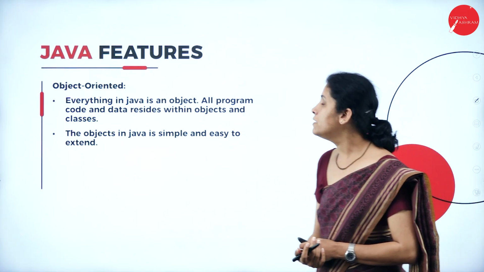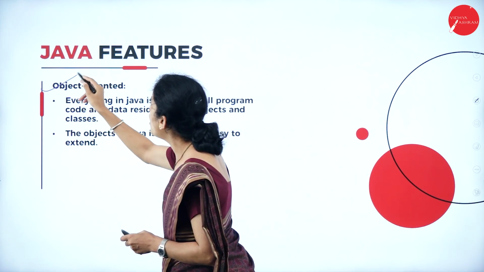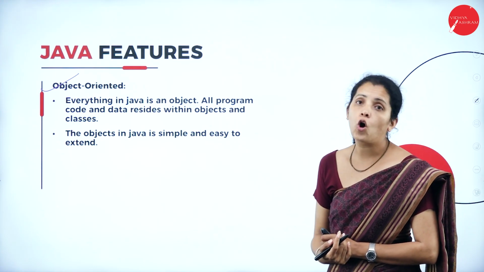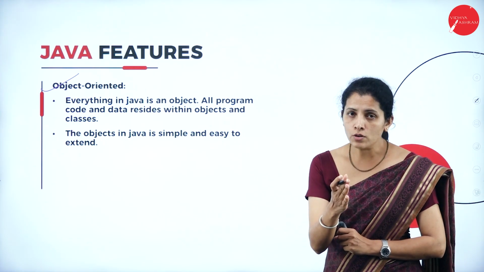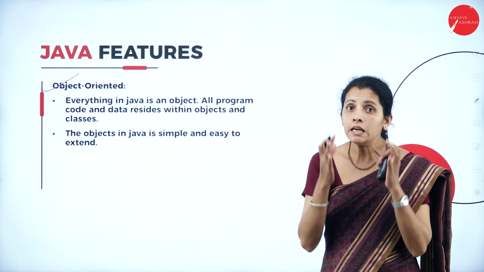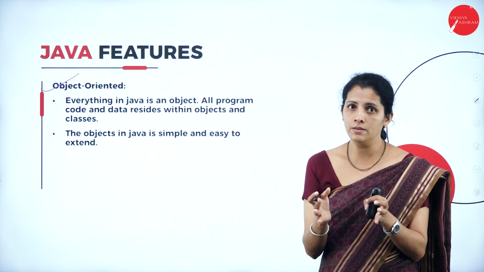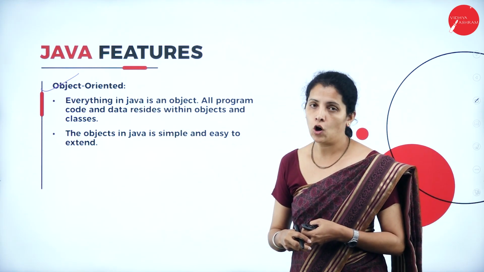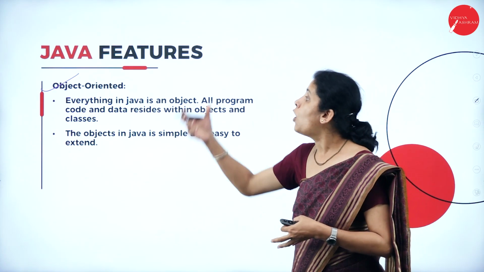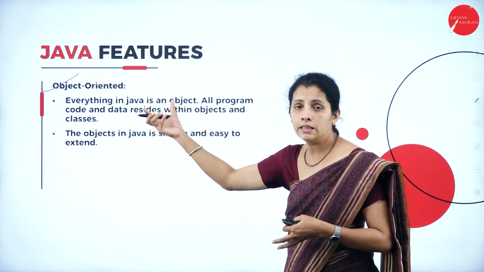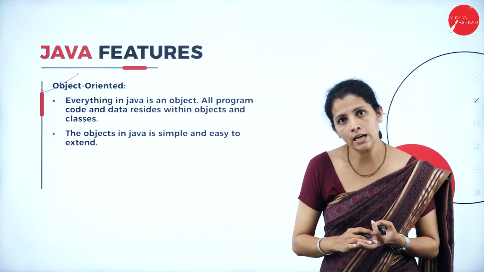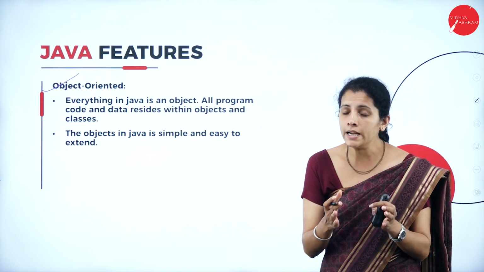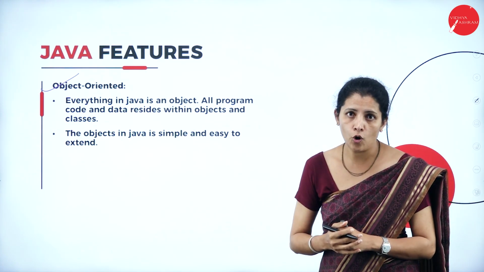Now, another feature here is object oriented. So, dear student, what is object oriented? Suppose I want to represent real world problems, then I use the object oriented concept. Objects are nothing but instances of a class. And why do I use a class? To represent a real world problem.